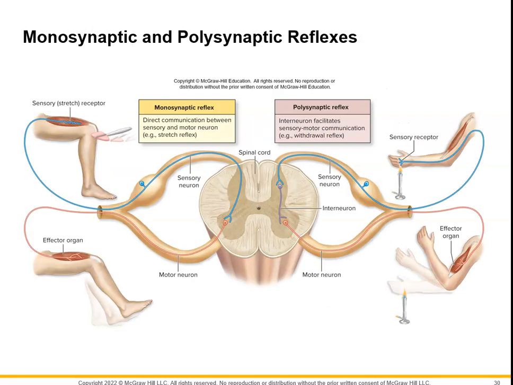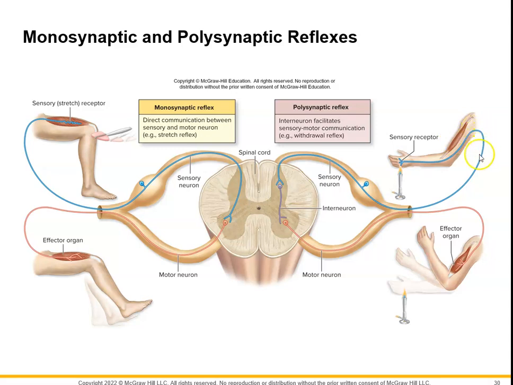And here you can see an example of what I just tried to show you on that much smaller picture. So monosynaptic reflex, the sensory neuron comes in the sensory root, and in the gray matter of the spinal cord, it synapses directly with the motor neuron that causes the effector to move. Okay, so that is monosynaptic, 1 synapse. Polysynaptic, well, we're touching something hot.